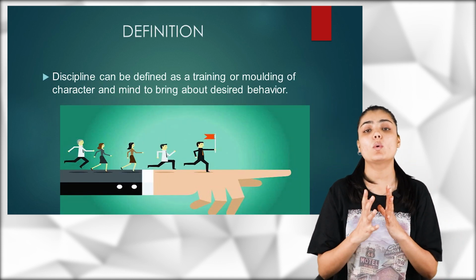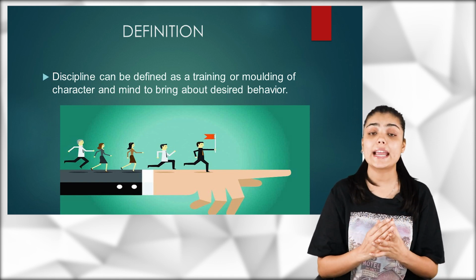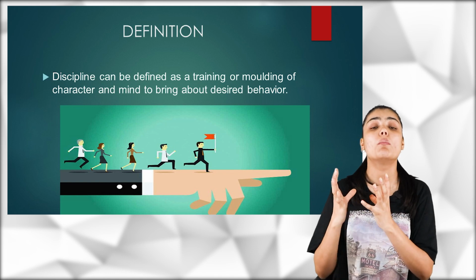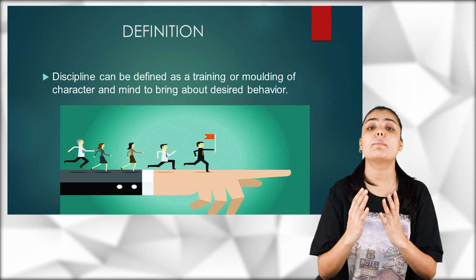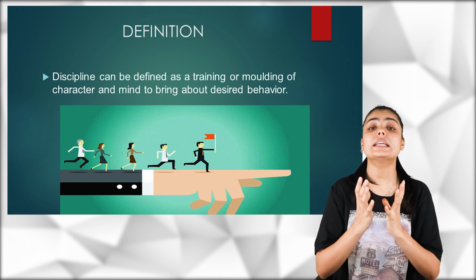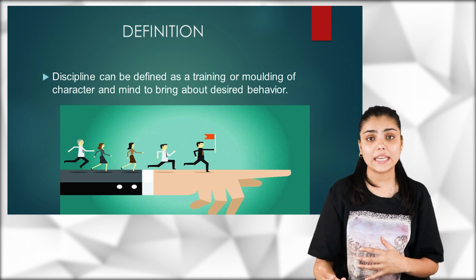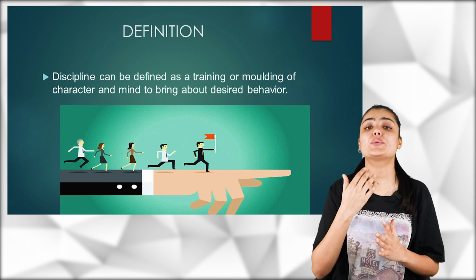Now, let us see what is the definition of discipline. Discipline can be defined as any training or molding of character and mind to bring about desired behavior. So discipline is the process of providing training or molding of a certain individual. So what do we train them for?